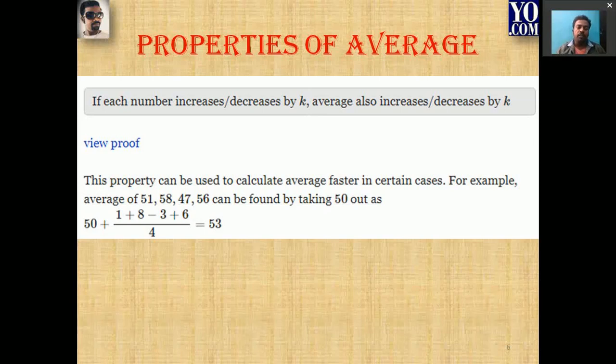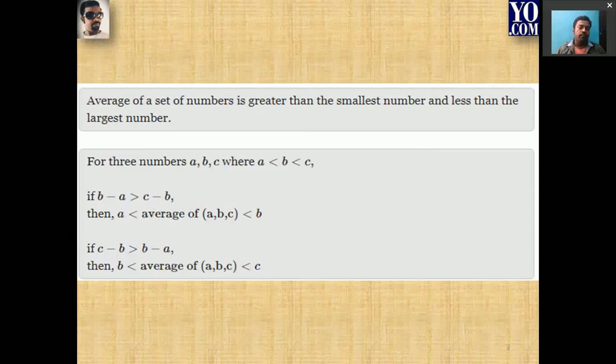It's a very easy method. Another property: the average of a set of numbers is greater than the smallest number and less than the largest number. Consider if you have 10 numbers, you find the smallest and the largest number.